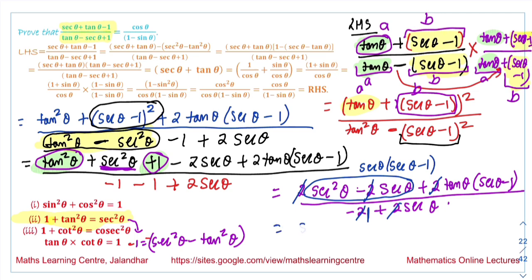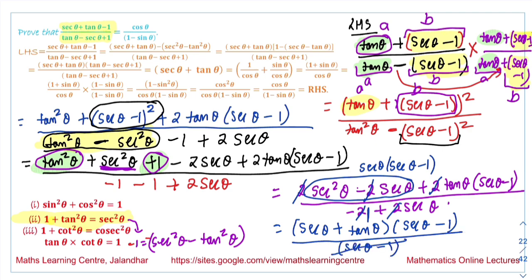So our numerator becomes secant theta plus tan theta into secant theta minus 1, over the denominator secant theta minus 1. Both these terms get cancelled and we are left with secant theta plus tan theta, which is equal to the RHS.